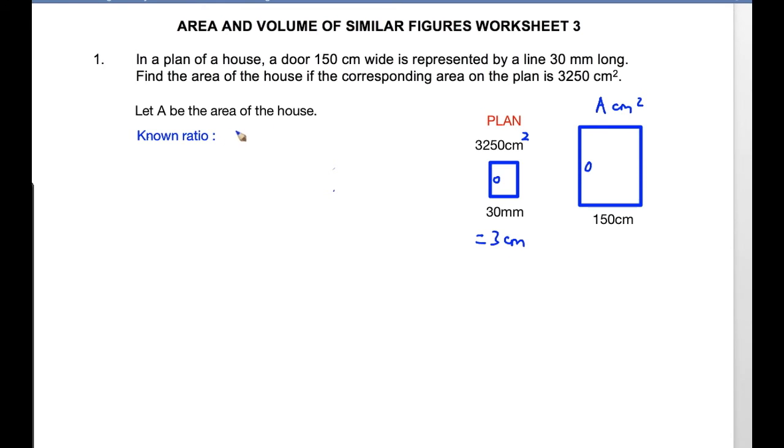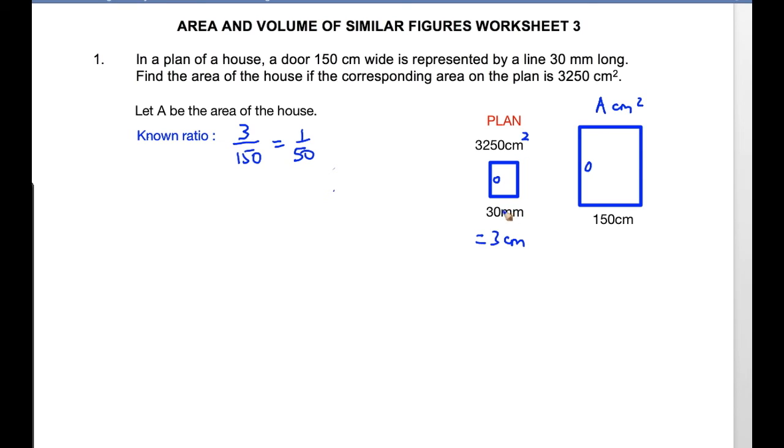Therefore, the known ratio is the ratio of the corresponding lengths, 3 over 150, which is 1 over 50. Next, we want to find the area of the whole house, given that the area on the plan is 3250 cm squared.